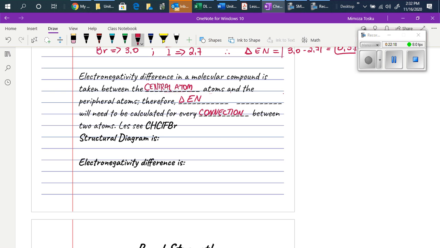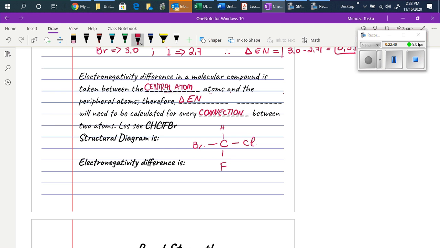If you go through the steps that we have said before, you will see that the structural diagram has carbon as the central atom, and then on one side you will have chlorine, on one side hydrogen, on one side fluorine, and on the other side bromine.